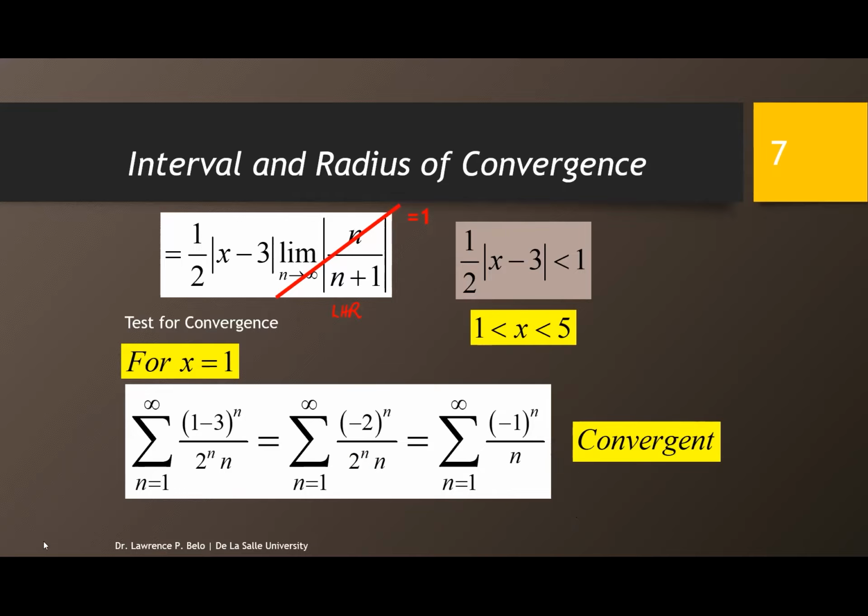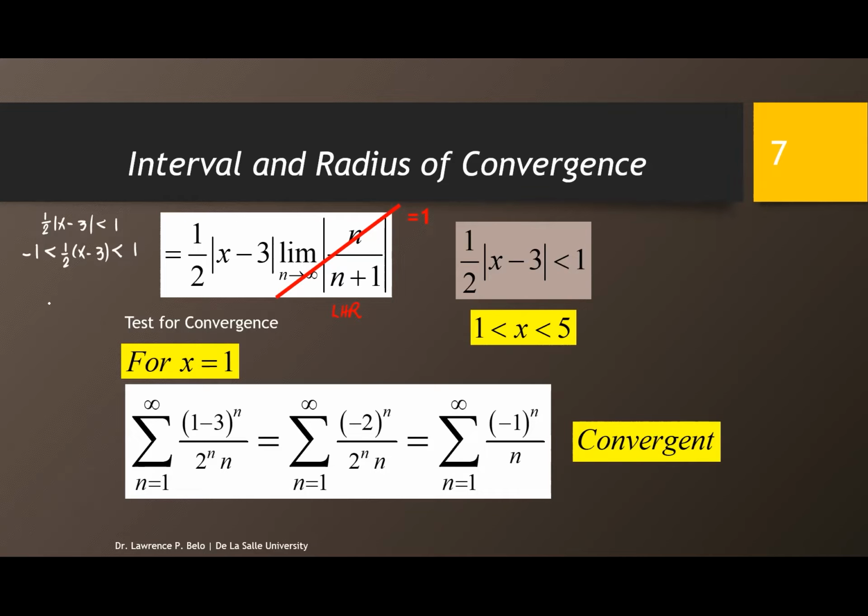Do you remember how to solve this? In order to solve for absolute values, what we do here is 1/2 absolute value of x minus 3 less than 1. Since it's an absolute value, it becomes -1 and 1. Then you remove the absolute value, it becomes just the quantity, right?